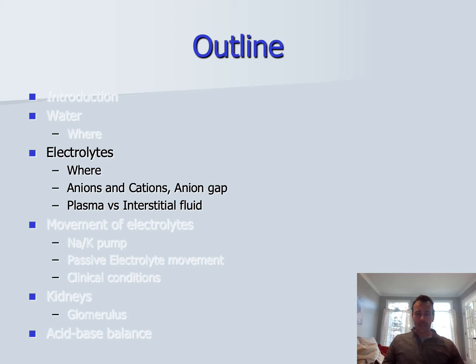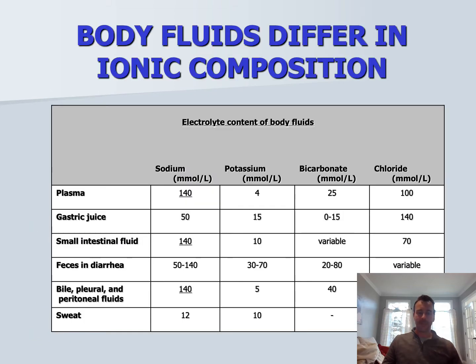Let's talk a little bit more about electrolytes and what is meant by the anion gap, and talk a little bit more about plasma versus interstitial fluid. The body fluids differ in ionic composition. So here's a chart. I don't expect you to memorize this chart, but it's a useful resource for you.